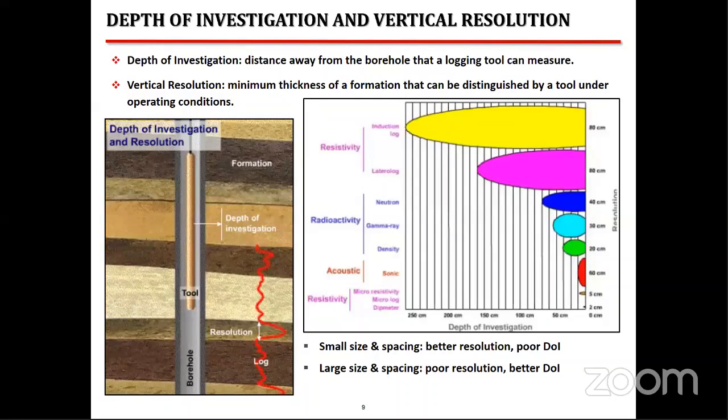However, they give us better depth of investigation, which ranges from 1.7 to 2.5 meters into the wellbore. Sonic, density, gamma ray, and neutron logs have resolutions and depth of investigations between the above two.